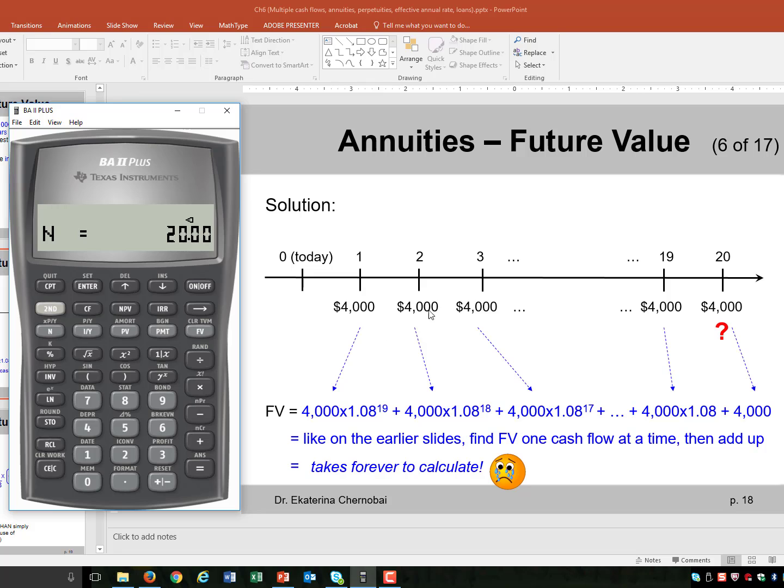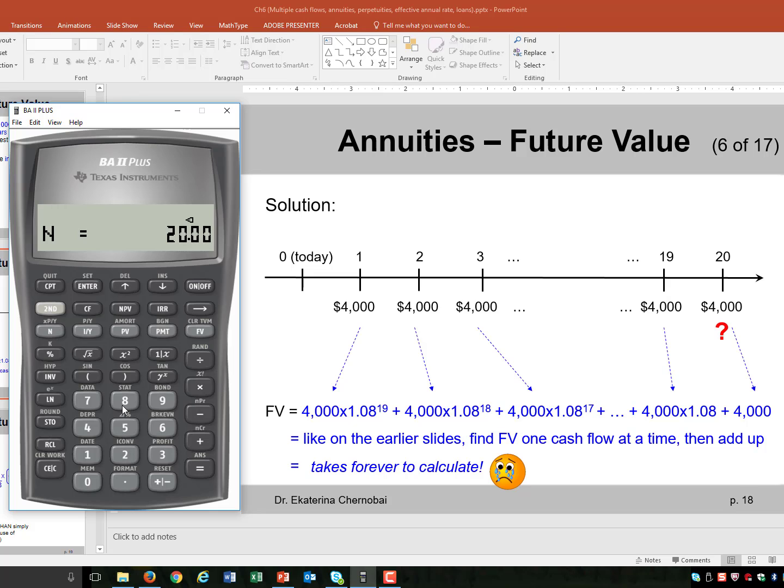The second $4,000 will be earning interest 18 times. So that would be the right N, the way we know what N is, from before. So we cannot put a whole bunch of N's, like 19, 18, 17, and so on. Instead, when we are working with the PMT button, N changes its meaning to how many repeating numbers we have. So we put 20 N.